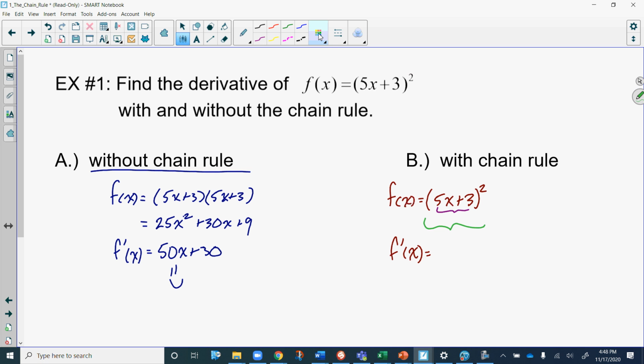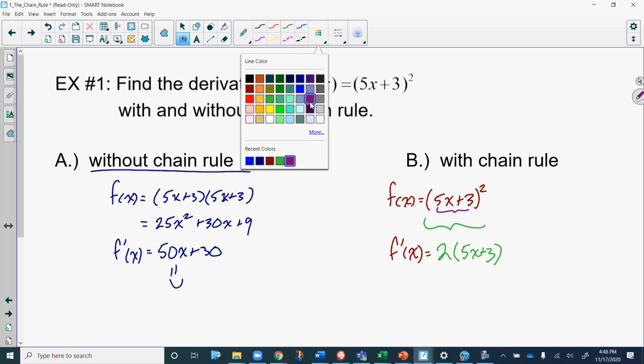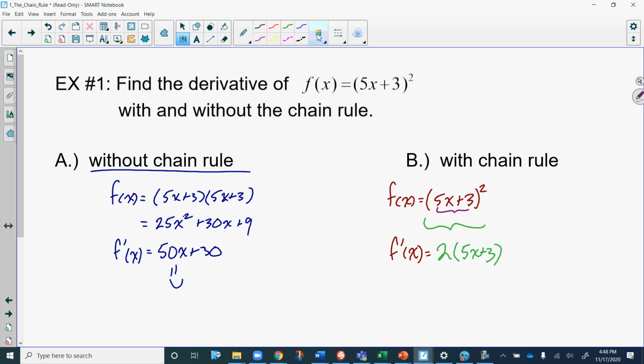Okay, so the derivative of the whole thing, using our power rule, would just be 2 times 5x plus 3 to the first power, because we dropped the exponent value by 1 just like we normally do with the power rule. Well, now we're going to take the derivative of the inside part, which is the 5x plus 3. So the derivative of that is just 5.